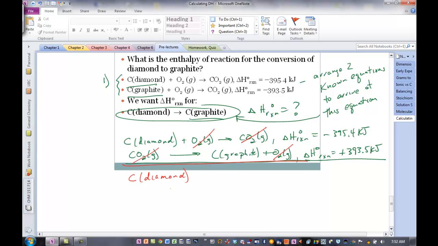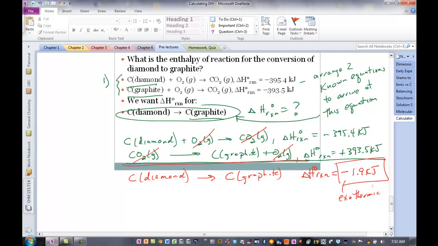The only thing left on the reactant side is diamond. The only thing on the product side is graphite. Since those two equations added up to what we want, we just add our two delta H's together. And I believe this comes out to negative 1.9 kilojoules. Exothermic. Okay, so there's the calculation.